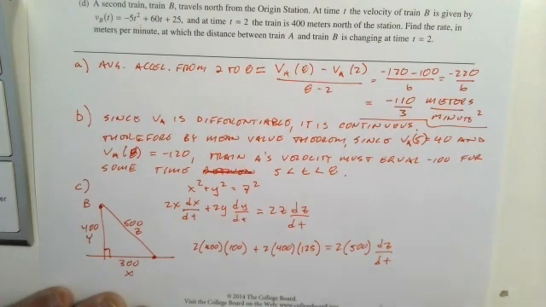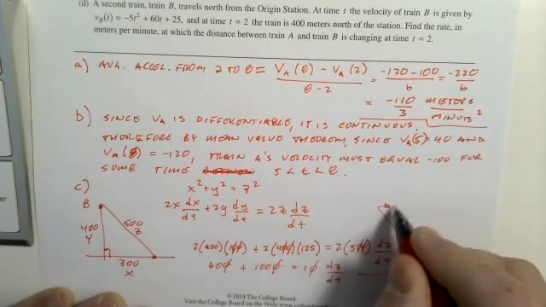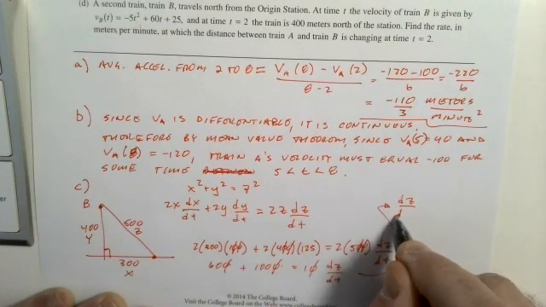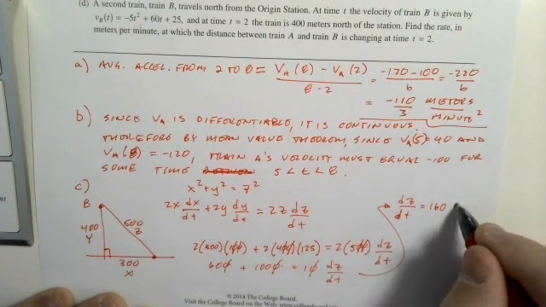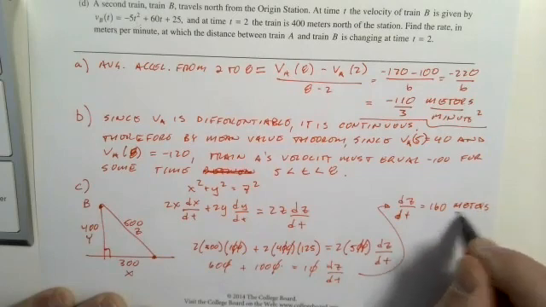Let's see if we can't make this a little bit easier on ourselves. So boatloads of zeros everywhere. 600 plus 500 times 2, 1,000, equals 10 dz dt. So dz dt equals 160 velocity meters per minute.